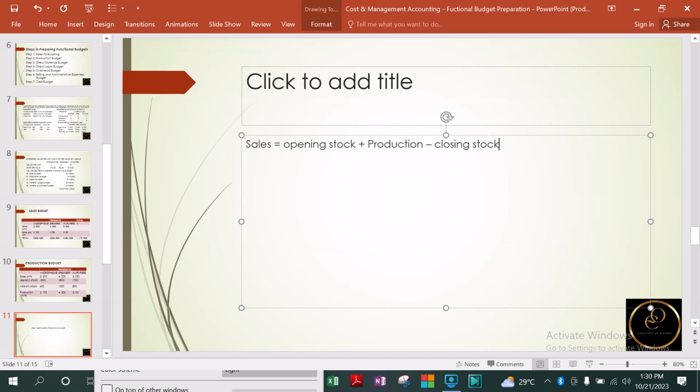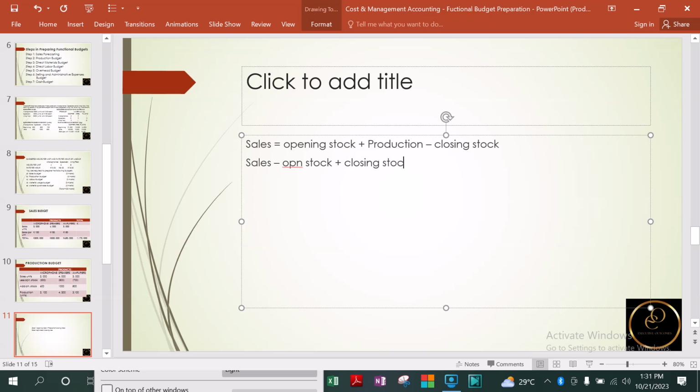If this analogy is correct, then we can simplify it in this way. Suppose we wanted to make production the subject of the formula. It means that we are going to have sales, then minus opening stock, and then plus closing stock.